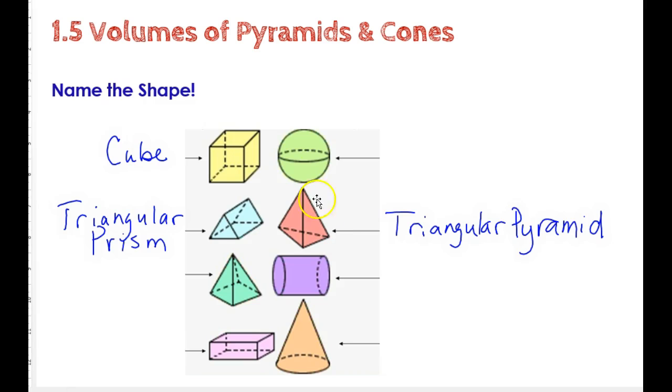Okay, I don't want to forget about this figure up here on the top right. I think you can recognize that it's a three-dimensional circle. And what do we call a three-dimensional circle? We call that a sphere.